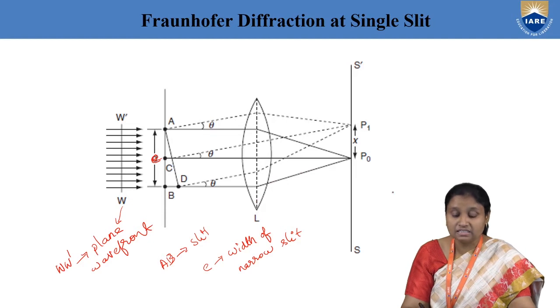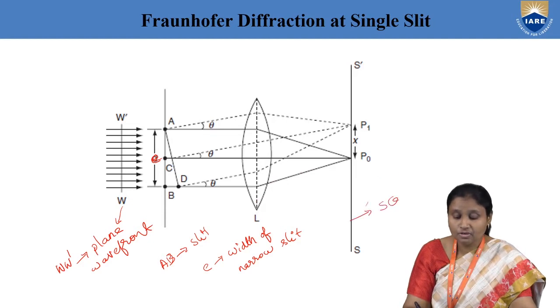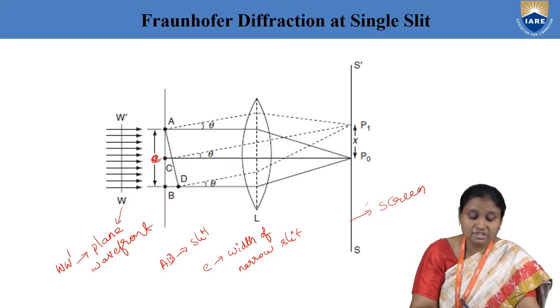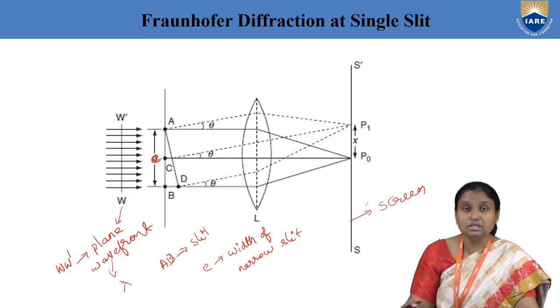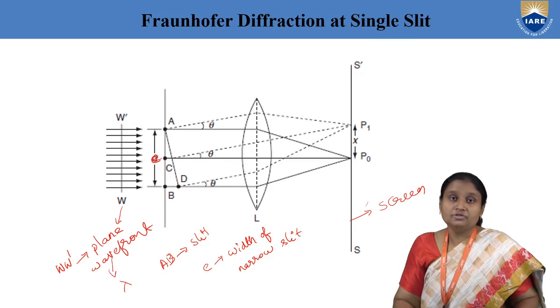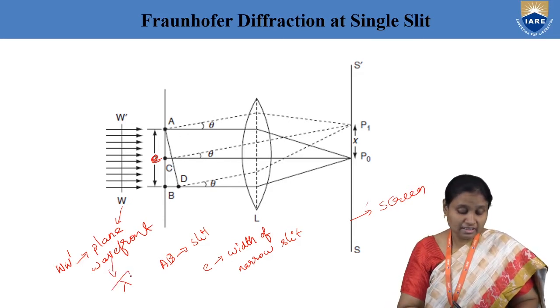So SS dash is our screen. And of course this plane wavefront has wavelength lambda, so it's a wavefront of monochromatic light of wavelength lambda.